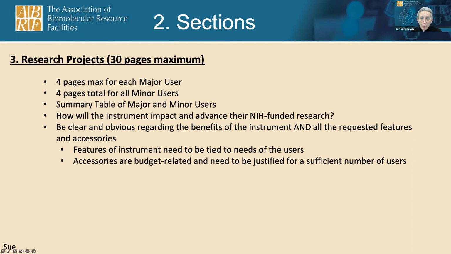Now, it is true, and I'm going to look here in the guidelines from NIH, and it says, in cases of certain technologies, such as computer systems or X-ray detectors, a large number of users exceeding what's necessary to make a strong case for the need of the instrument can be expected. So keep in mind, the sole number of users isn't compelling.